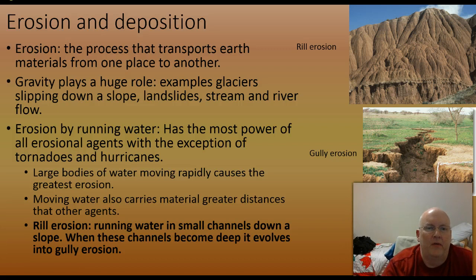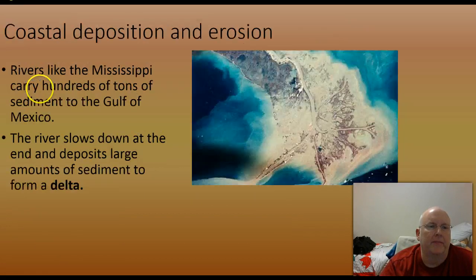If you have lots of shallow, rapidly moving water coming down a slope, that's rill erosion. And then if those little grooves and channels become too deep, then it's characterized as gully erosion, deeper, wider ditches caused by moving water.